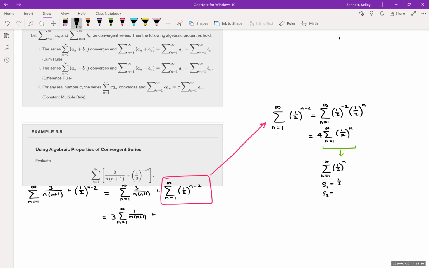S2 is 3/4. Sorry, this is going terribly wrong. S1 is 1/2, S2 is 3/4, S3 is 7/8. And in general, S_k is 2 to the k minus 1 over 2 to the k.